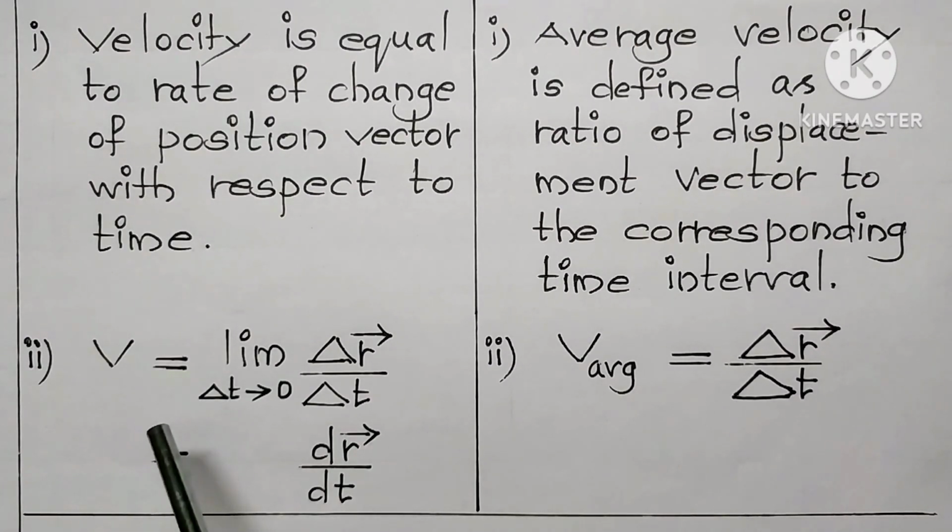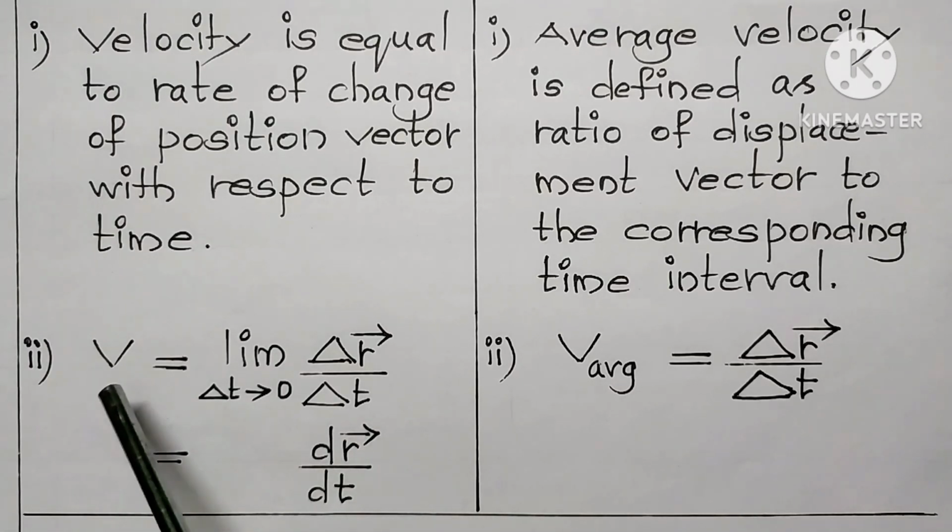v is equal to limit delta t tends to 0, delta r vector by delta t. It means when delta t approaches 0, this delta r vector by delta t will become dr vector by dt.